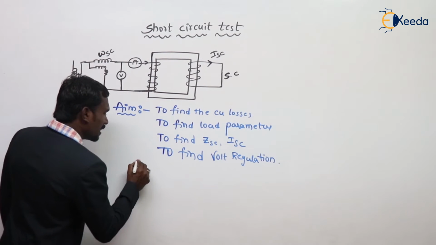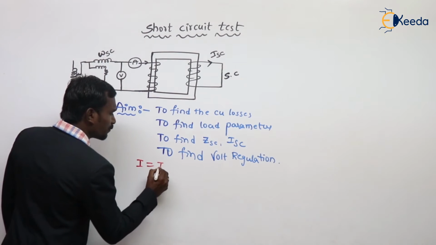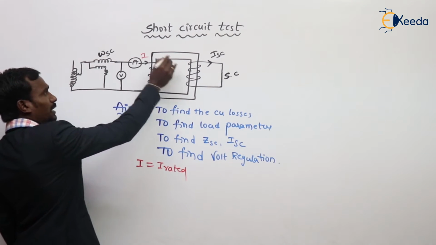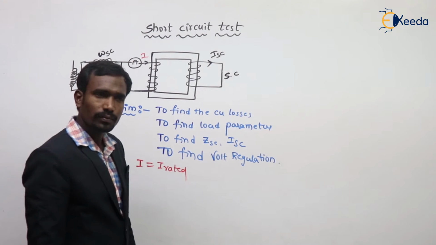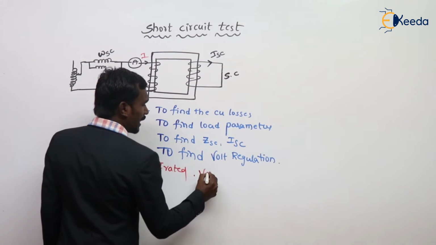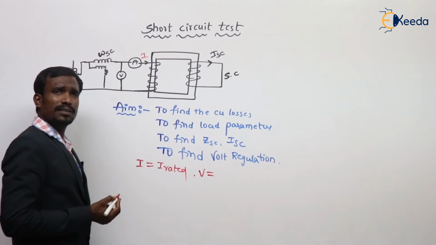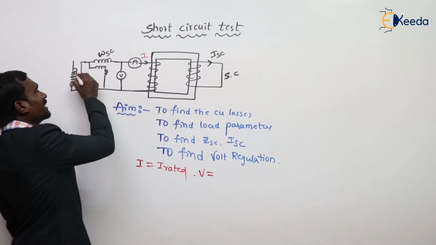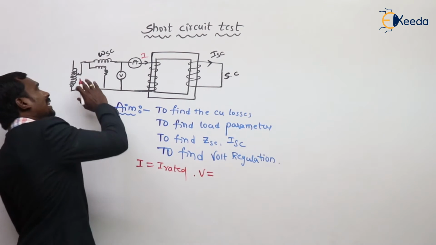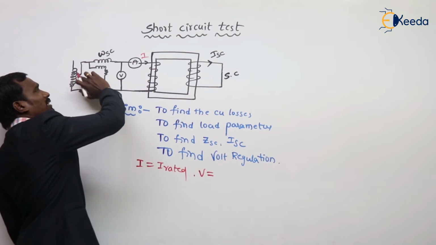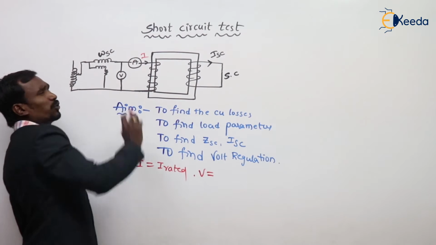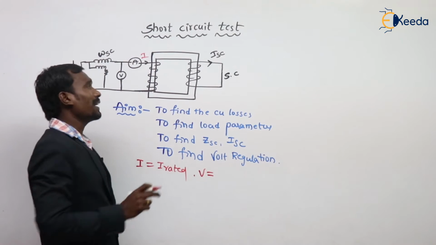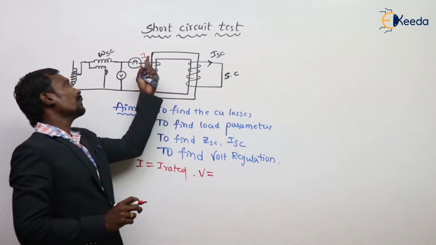What is the current? Here the current drawn by the transformer is the rated current. Sir, what about voltage? We start at 0 voltage, slowly and gradually increasing this voltage while watching the ammeter, up to the rated current.